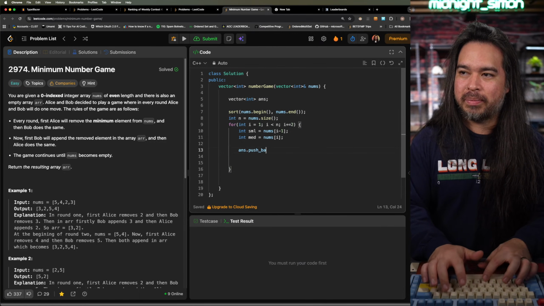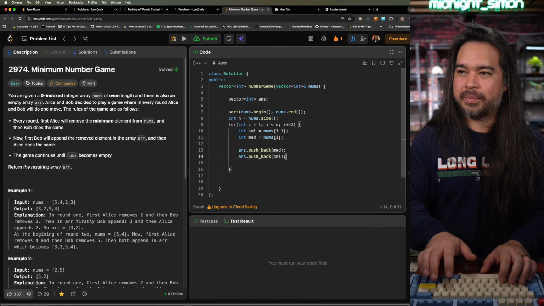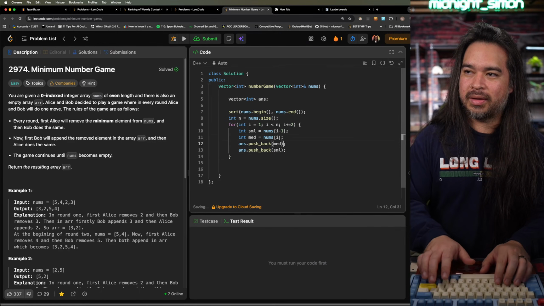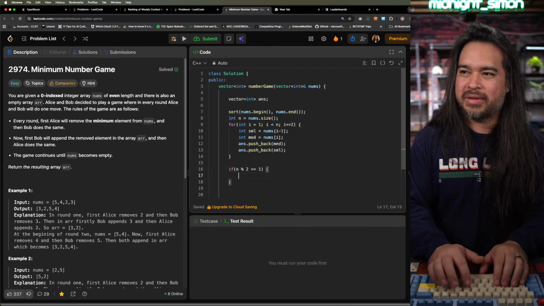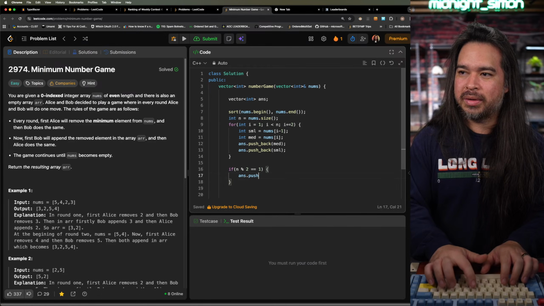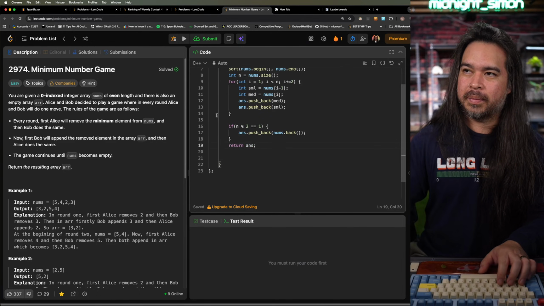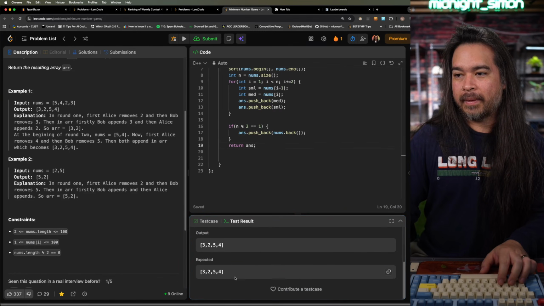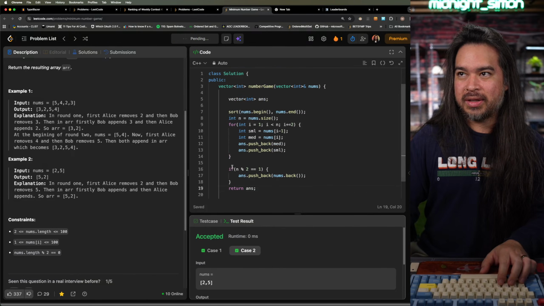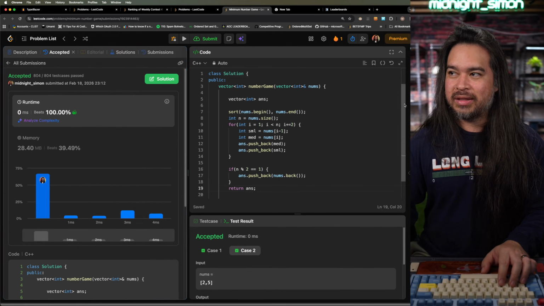So push back medium, small. And then that should be that. But then if there's an odd number of elements, then we've got to do the last number too. Right? Let's see. Yes. Should I send it? I will send it. Easy Q1.